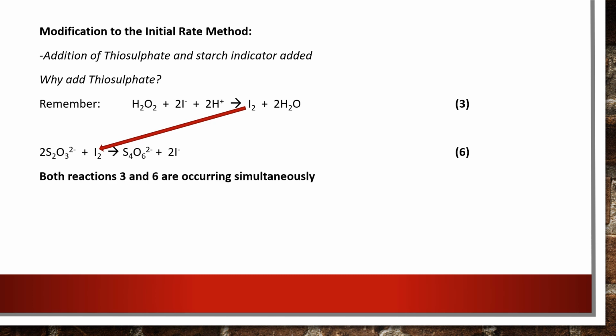Please note that reaction 3 and 6 are occurring simultaneously. So, if both reaction 3 and 6 are added, it shows a net reaction that relates the amount of thiosulfate consumed to the amount of hydrogen peroxide and H plus ions consumed over that period as well.